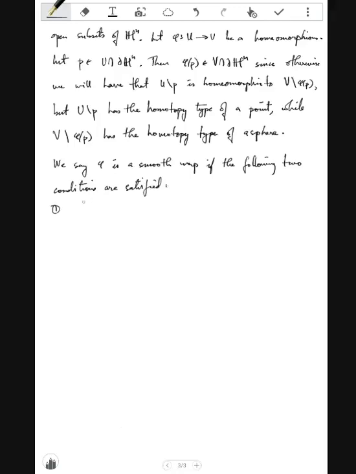One, phi, when we remove the boundary, to Rn is smooth in the usual sense.